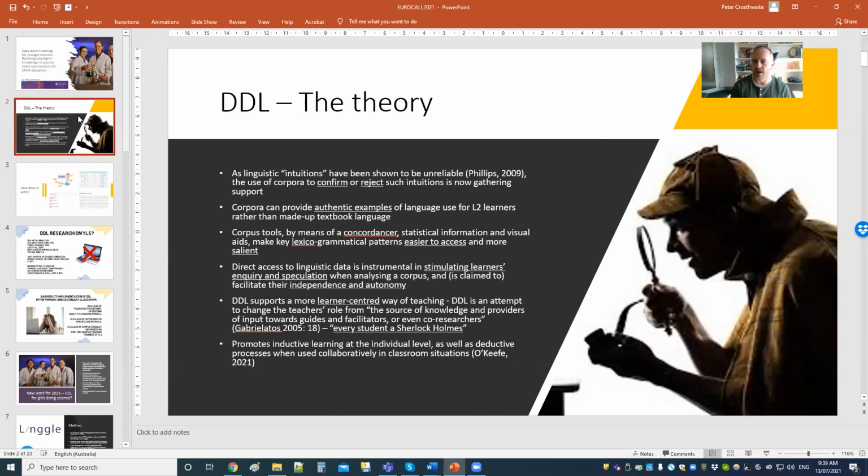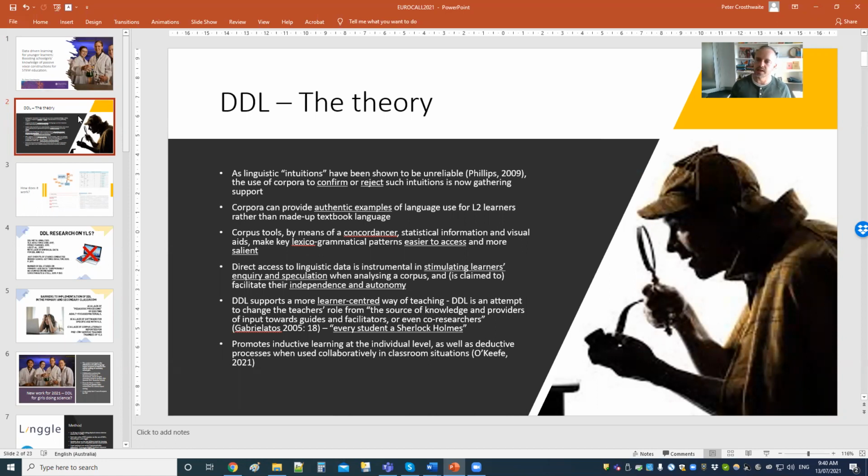The theory behind this is that language learners consult language corpora to learn about language in use. Corpora are electronically searchable, principled collections of electronic text across different kinds of speakers, writers, genres, disciplines, registers, and contexts of use.